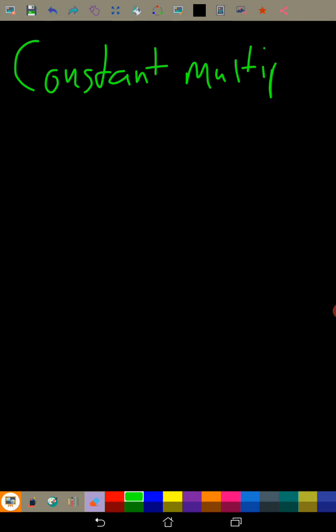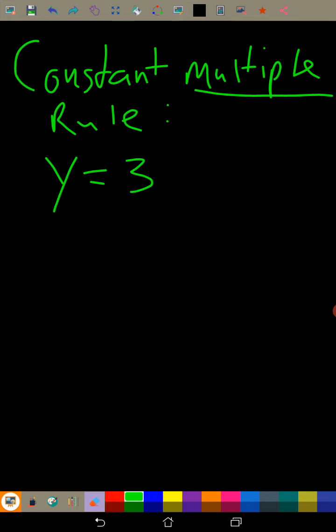Now we have a constant multiple rule. A multiple, just a constant, bumping up the number if you want. Let's say we have y is equal to 3x this time.